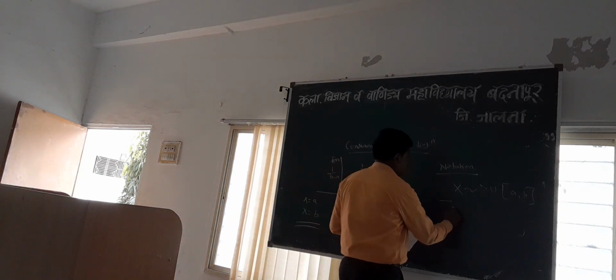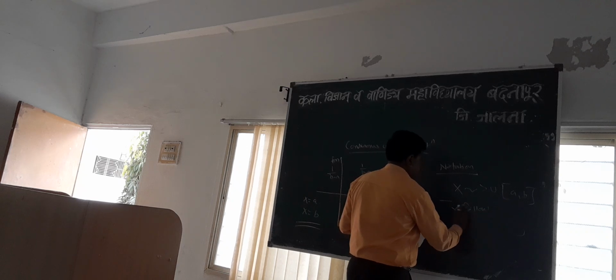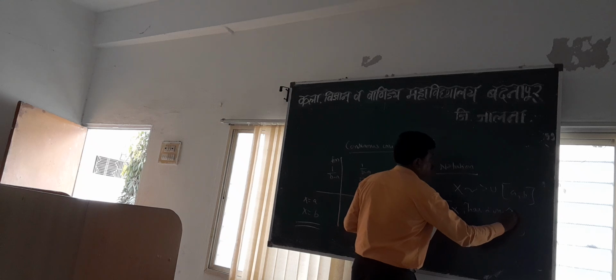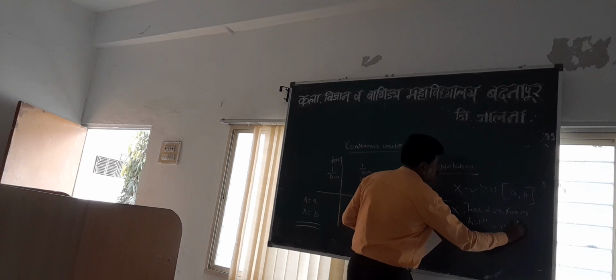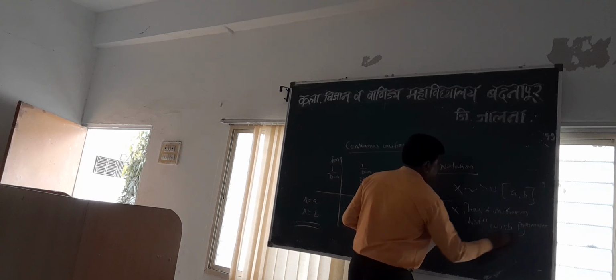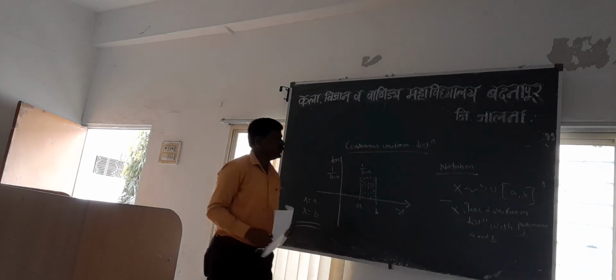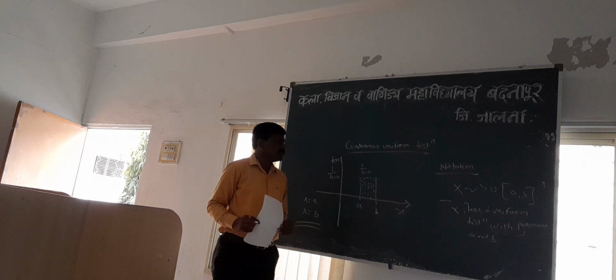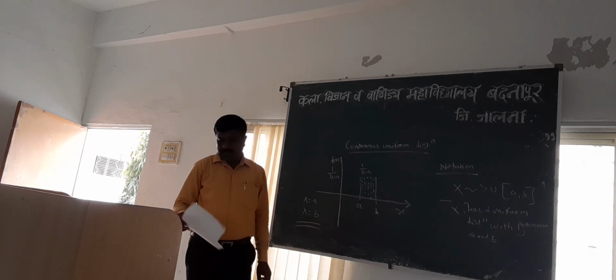This we read as X has the uniform distribution with parameters a and b. That is the notation of the uniform distribution.